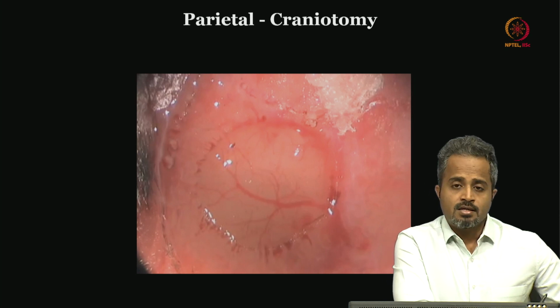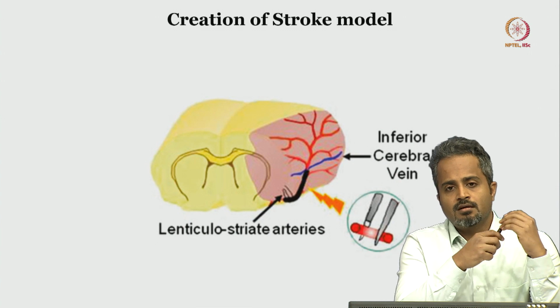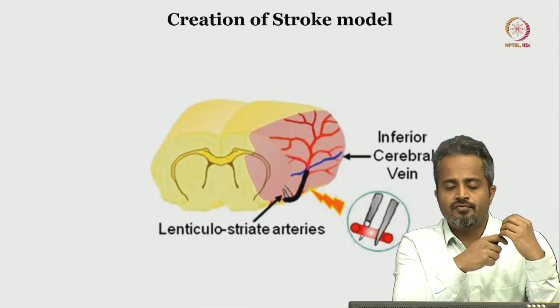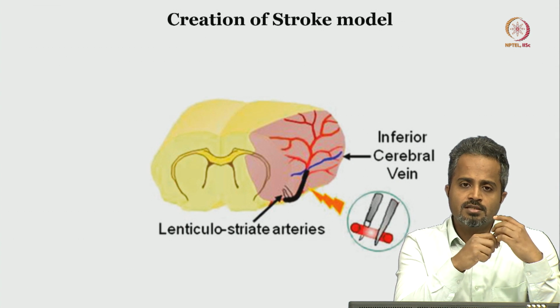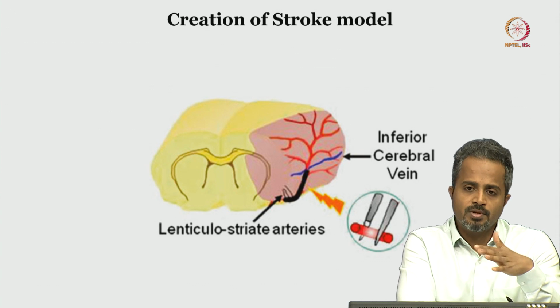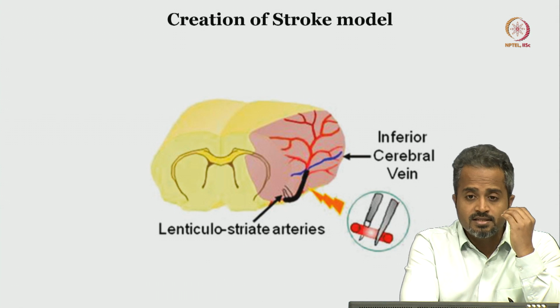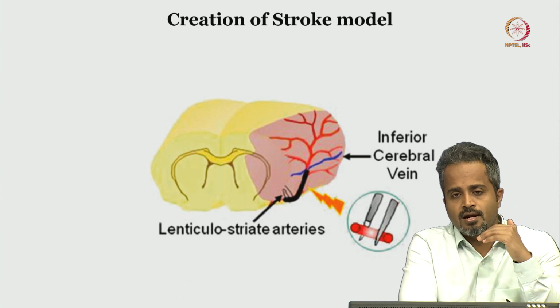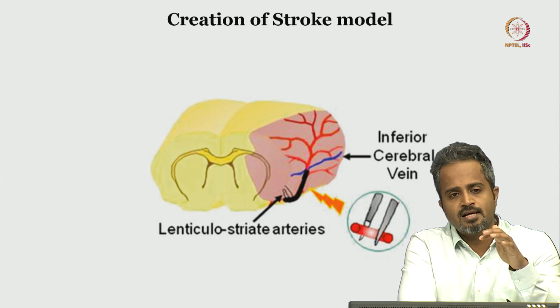All right. So once the craniotomy is done, the next important different technique that one needs to know is the creation of a stroke model, which is a little different from the usual craniotomy that you just witnessed. A surface craniotomy is slightly easier to handle because it's right on top and the coordinates are easier, the position is standard, everything is standard.